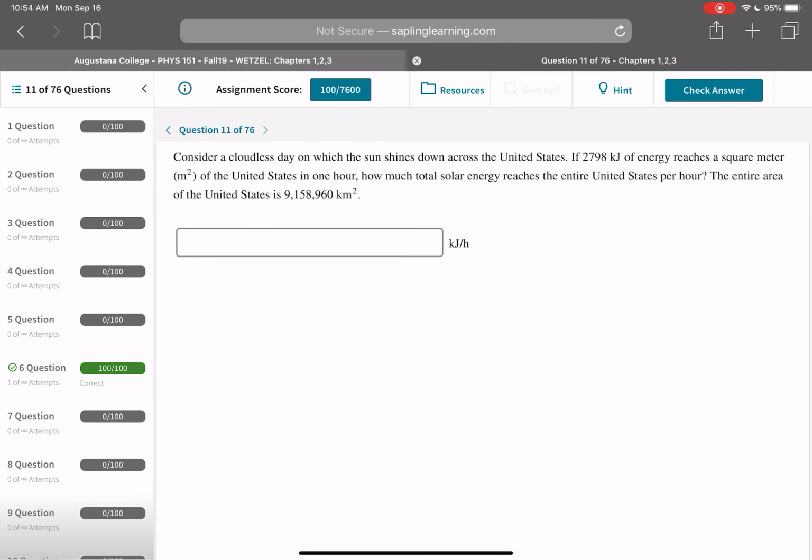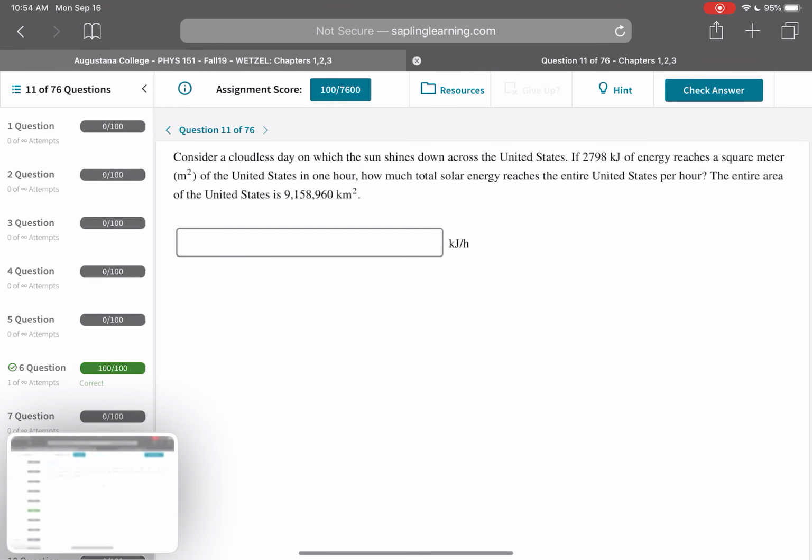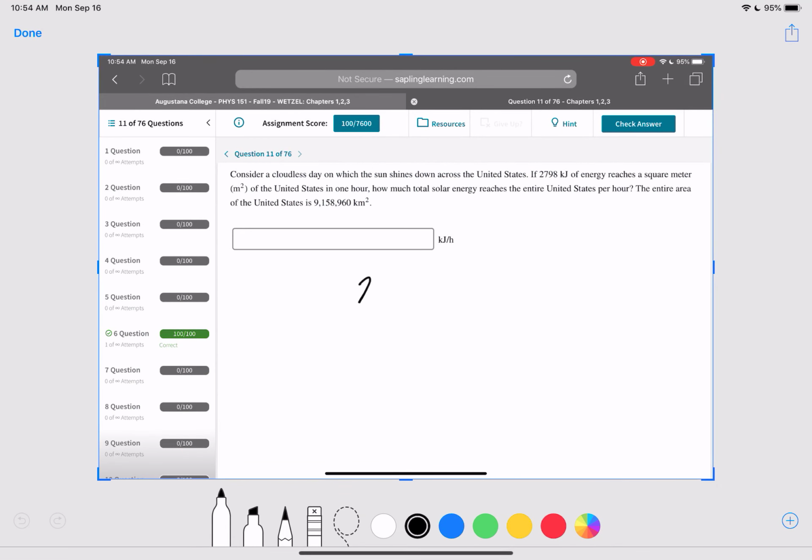Consider a cloudless day. The sun shines down in the U.S. If 2,798 kilojoules of energy reaches a square meter of the United States in 1 hour, how much total energy reaches the entire United States per hour? So if we just do this real quick, we have 2,798 kilojoules per square meter per hour. How much energy reaches the entire United States per hour?